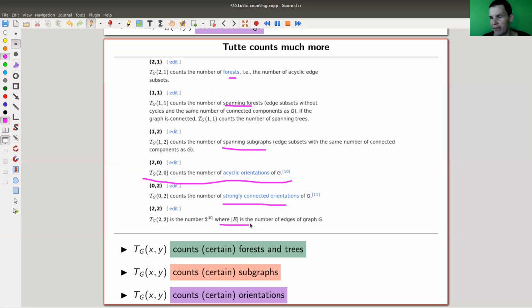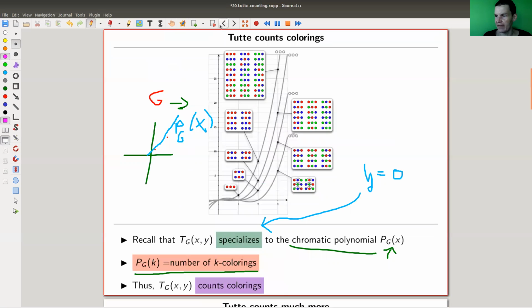So for example, we have this counting of forests and trees, counting of subgraphs, counting of orientations, and all of that roughly happens around those little values here, which is really good. So here we had y equals 0, but k gets arbitrarily large, so k goes to infinity here if you want.